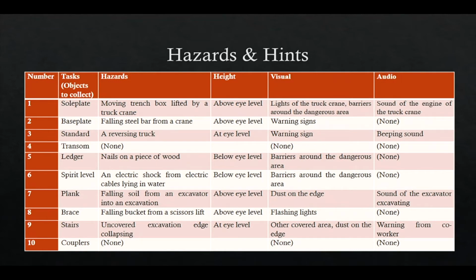Because in my master's project, we put 2 hazards, one above eye level and another on the ground, and we found that the hazards above eye level might be harder to identify. And we add different hints to the hazards, like the sound of the engine, barriers, flashing light, warning signs, and some dust or verbal warning from the co-workers.